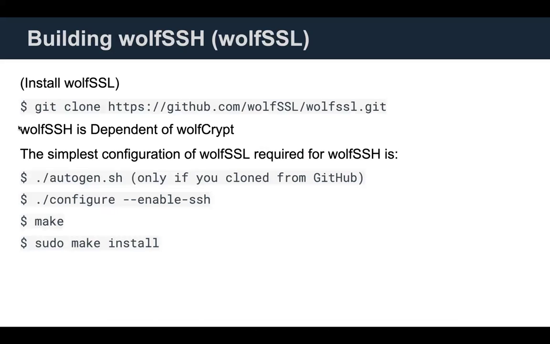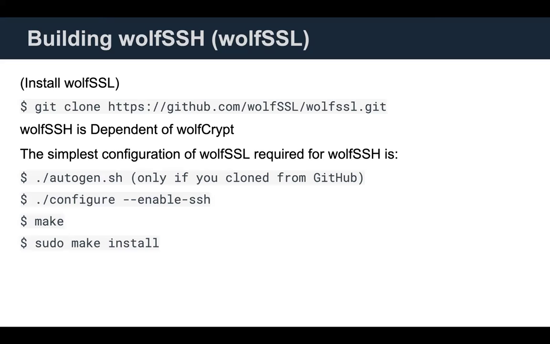So a little bit about building wolfSSH. The first thing that you need is wolfSSL. It depends on the wolfCrypt portion of wolfSSL for all of its crypto operations. It can be gotten either from cloning the wolfSSL repository or from that download site mentioned before. This is for Unix style systems using autotools.